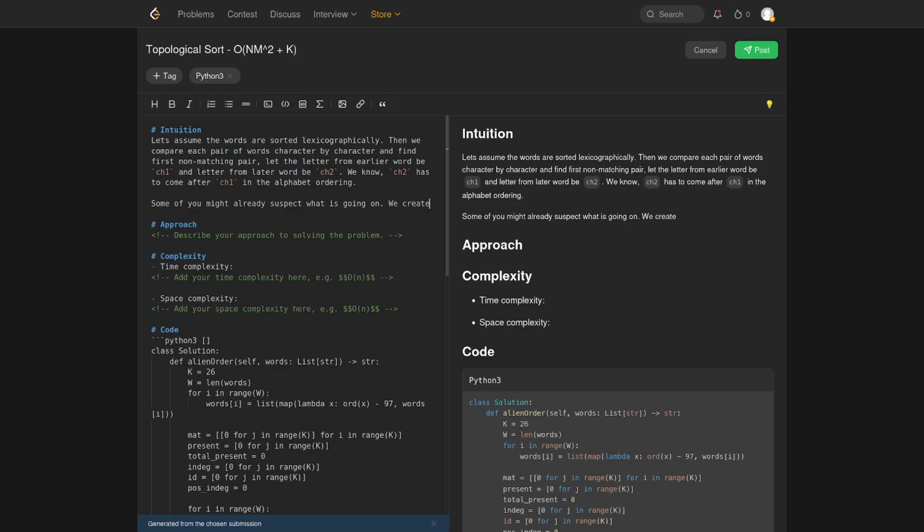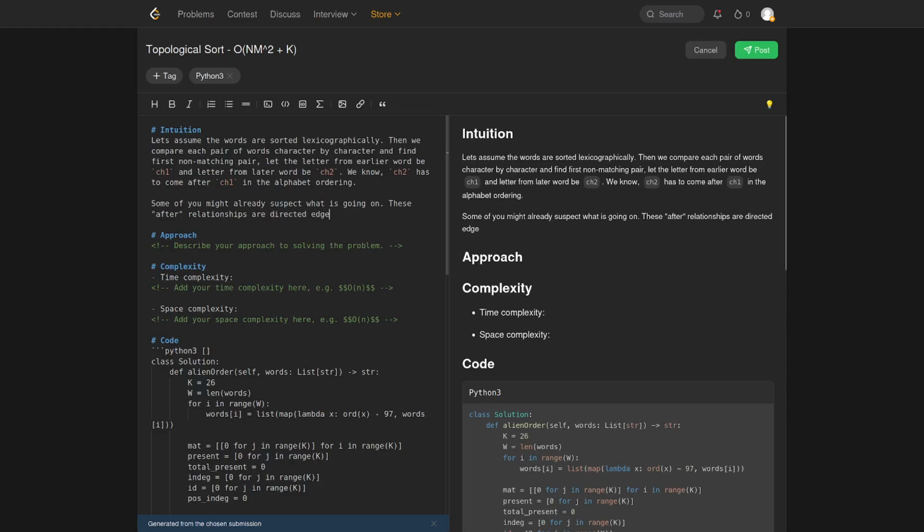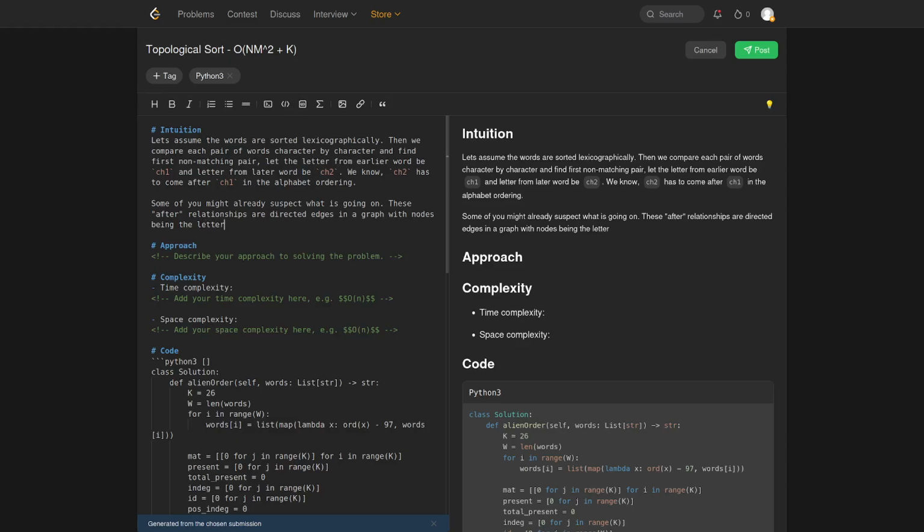We create these after relationships as directed edges in a graph with nodes being the letters of the alphabet.